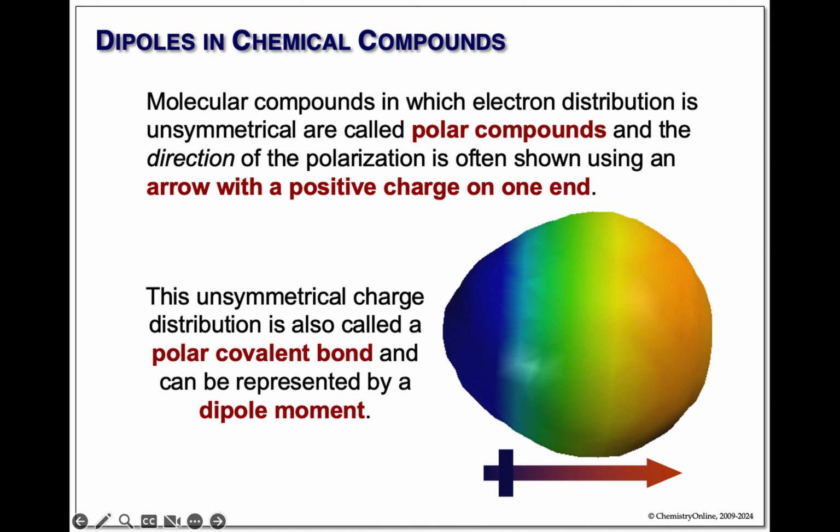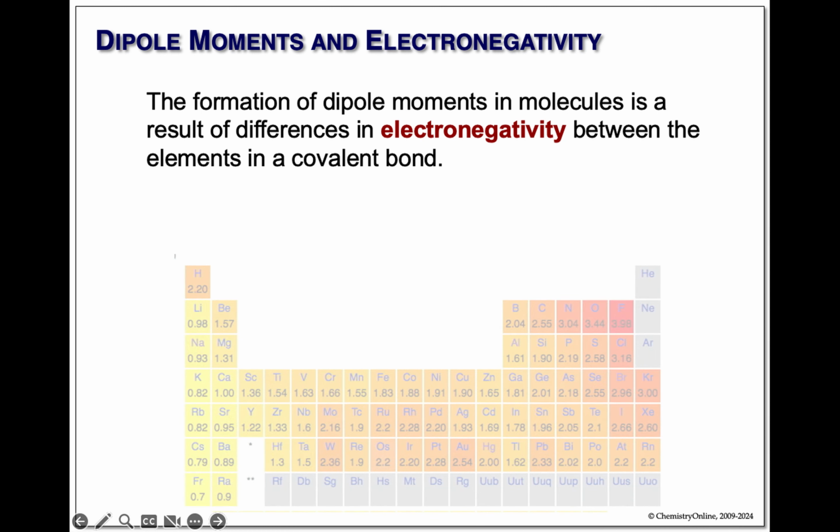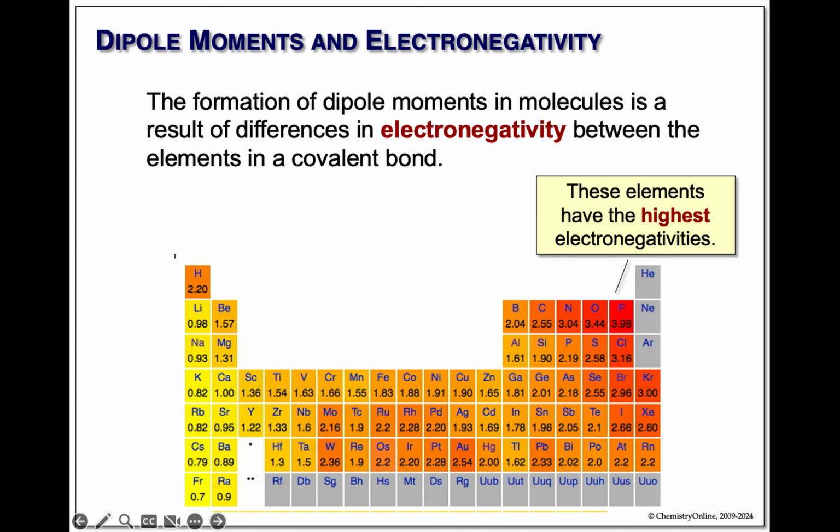Now, why does this happen? Well, it's the concept of electronegativity. Electronegativity is the ability of an atom, an element, to attract electrons towards itself. There's a scale that goes from supposedly 0, although 0.7 is the lowest we have, up to 4.